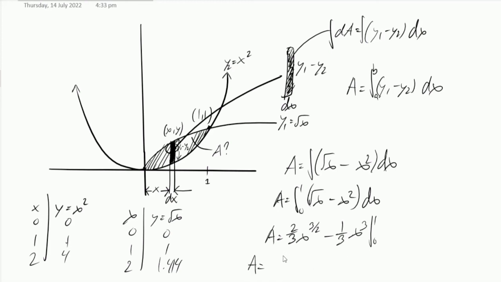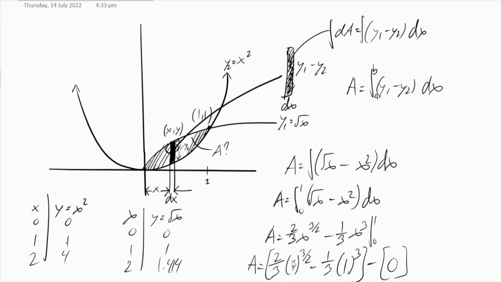Now if we solve for it, we evaluate at 1, and for the lower limit 0. I'm sure that the answer at 0 will be 0. So 1 raised to 3 over 2 is simply 1, and 1 raised to 3 is 1.